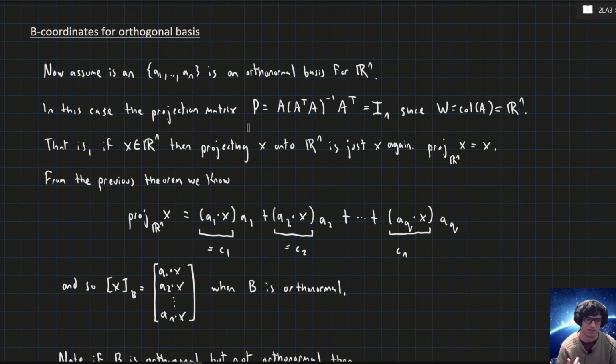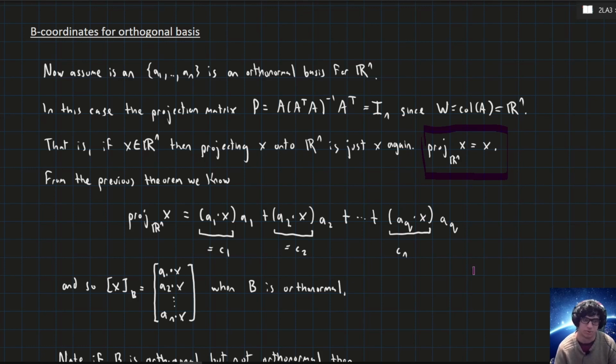So what does that mean? It still makes sense. If you have an x in Rn, then projecting x onto Rn just gives you the same vector again, x. So P being the identity matrix makes sense in this case. Projecting any vector in Rn onto Rn is just x again. And that's summarized by this.